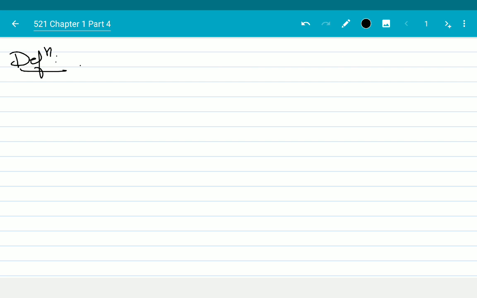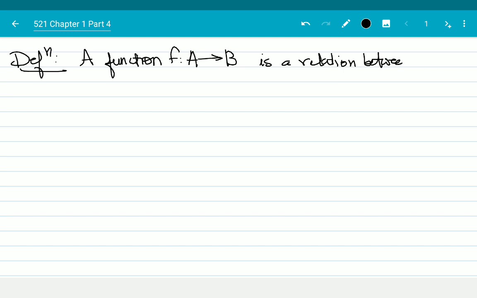Definition: a function f from A to B is a relation between the two sets A and B that satisfies the following properties.